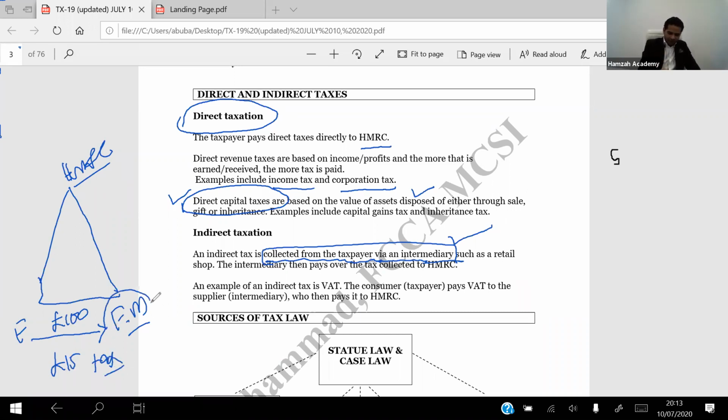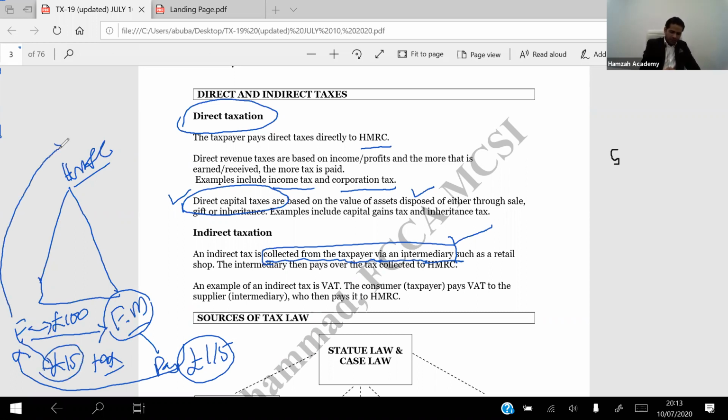So the flour mill guy will pay £115 to Mr. F. So Mr. F will have 100 of his own money and 15 tax. He's going to take the 15 and pay it to HMRC. That is why this is indirect tax. I hope I was clear. If I'm not clear, please let me know before I move forward. So direct tax is when the person who is actually paying the tax out of his pocket is the one who is liable to pay or submit the money to HMRC.